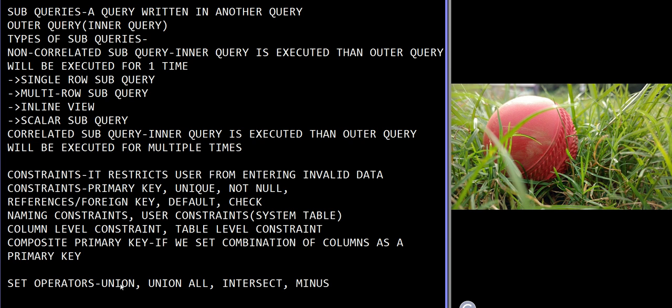Corresponding column data types must be the same in both queries. Whenever we want to perform these operations, we should have an equal number of columns, and the data types must be the same as well. So we can use these set operators like that.